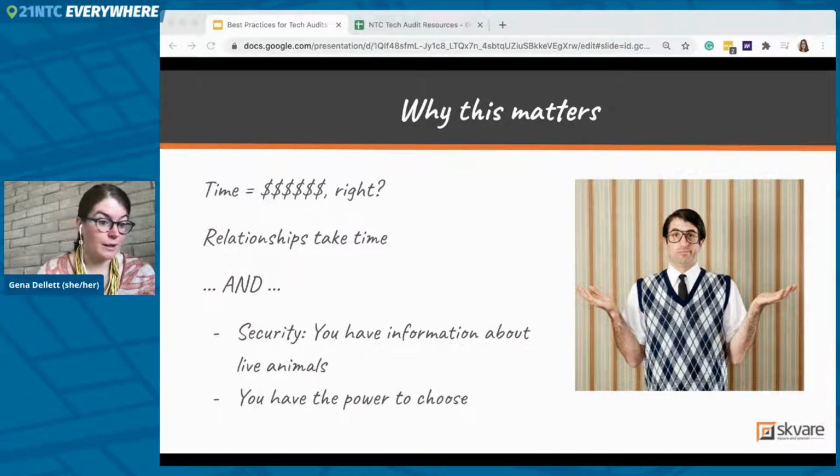Maybe you actually work with animals and it truly is dogs and cats, or humans. It doesn't matter. It's information about real creatures. And you also have the power to choose. There's no reason to ever feel like you're stuck in the systems that you have, the processes that you have, even your team. You know that members of your team are always changing.